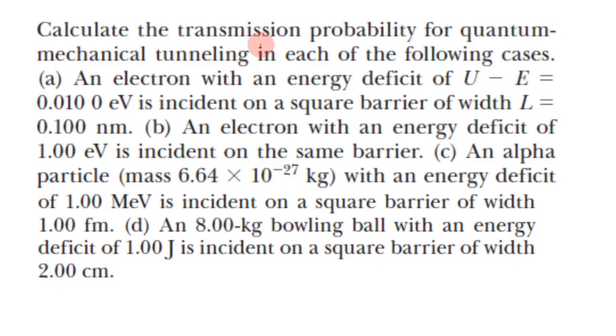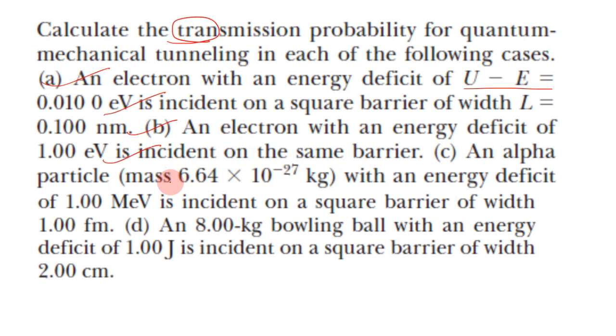Next question says, calculate the transmission probability for quantum mechanical tunneling in each of the following cases. First part is an electron with an energy deficit of U minus E equal to this, incident on a square barrier potential of width this. Second is an electron with an energy deficit of 1 electron volt incident on the same barrier.